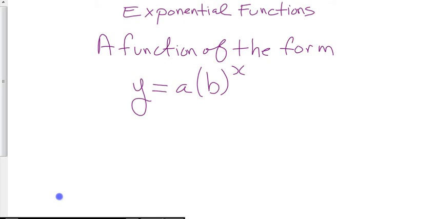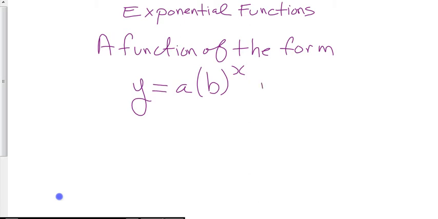It's called an exponential function because the variable is the exponent. If you remember order of operations, you have to do the exponent first. So you're going to evaluate b to the x first, and then you'll multiply by a, right? Just order of operations when we do an exponential function.